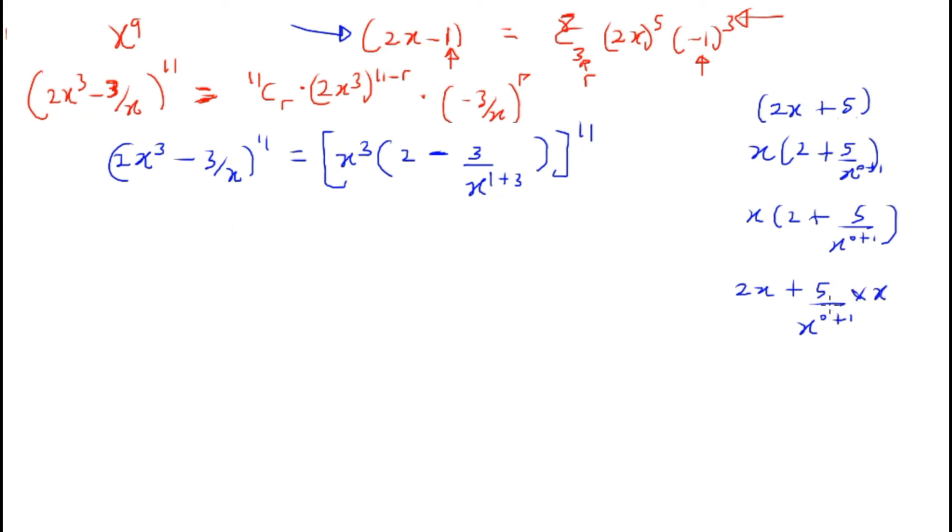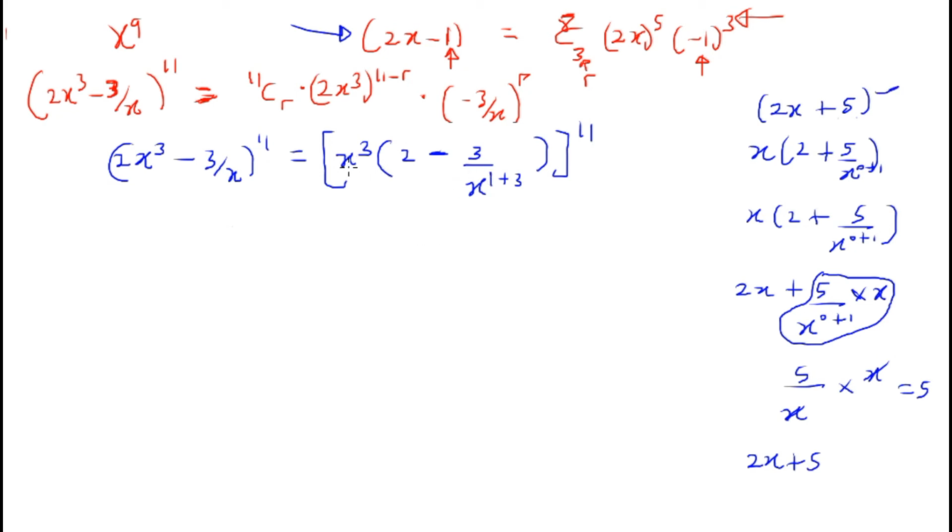If I multiply this by x, according to the law of indices, I'll have 5 upon x multiplied by x. They will just cancel out, or I can say I can subtract their powers, which will still become 5. That means everything right here is the same thing as 5. So I'll have 2x plus 5, just like what I have right here. So it's the same thing with this.